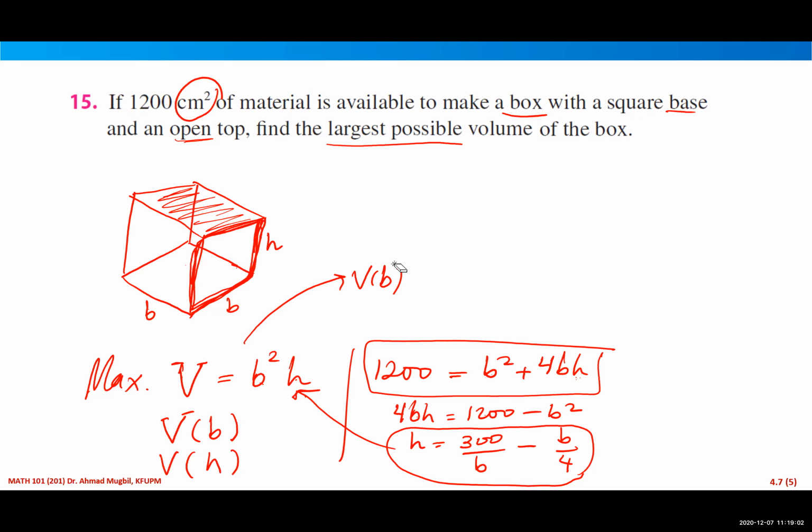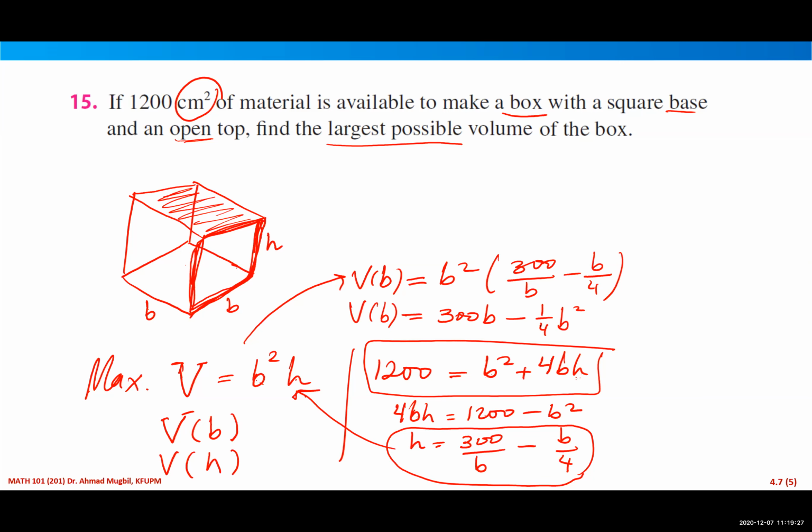Now, it is a function of b, so it will be b squared multiplied by h, this h, which is 300 over b minus b over 4. Now, what will it be? It will be 300b minus b cubed over 4. Now, this is my function of b. This is the function that I need to maximize here.